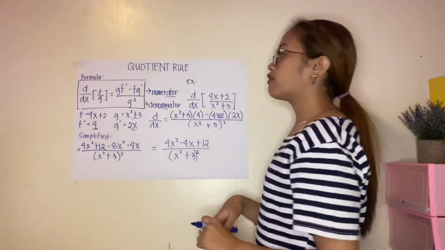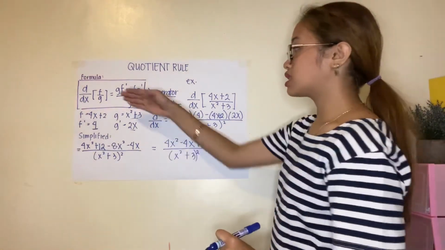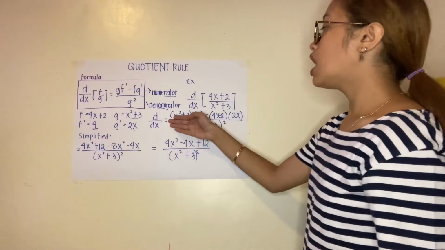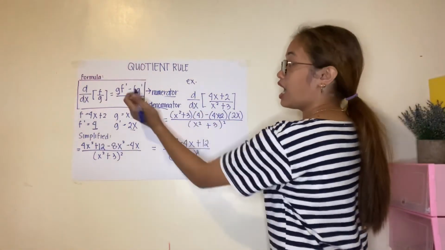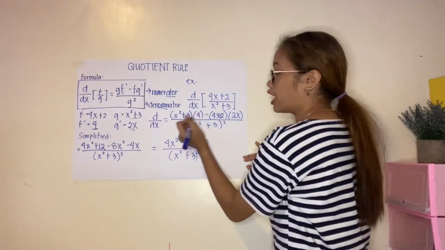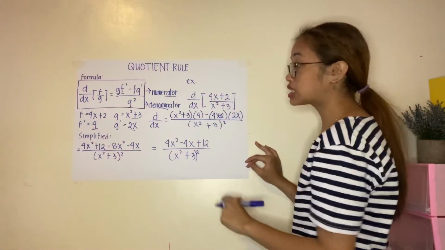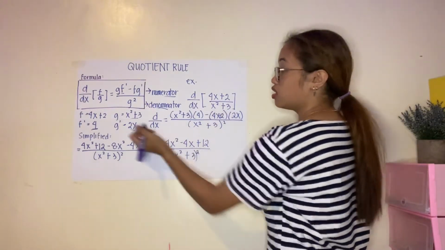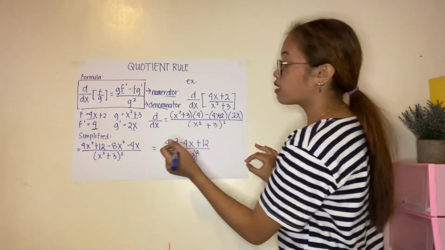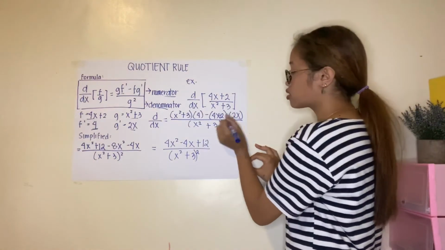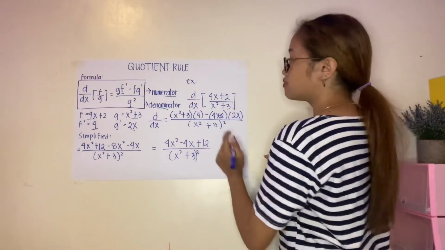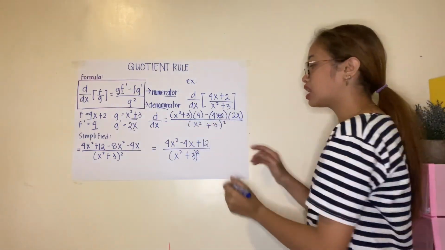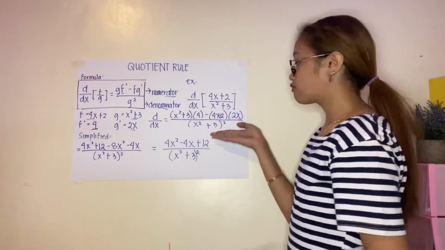So the derivative of f over g would be, as we follow the formula, first g, so x squared plus 3, and our derivative of f, 4, minus f, which is 4x plus 2, times the derivative of g, which is 2x, over g, which is x squared plus 3 raised to the power of 2.